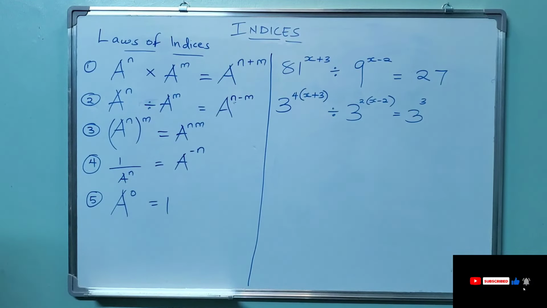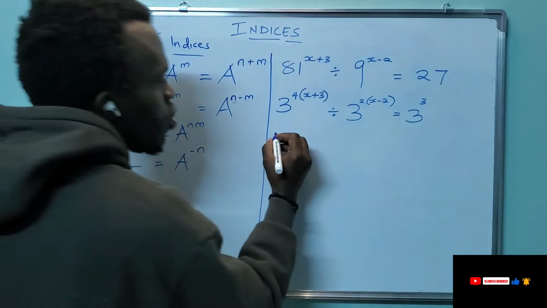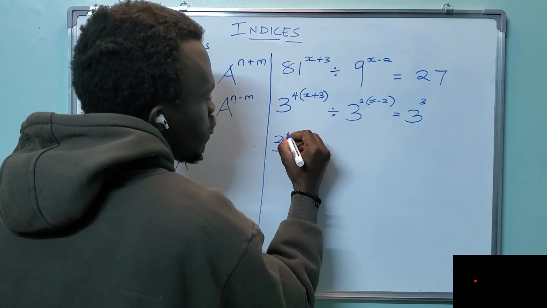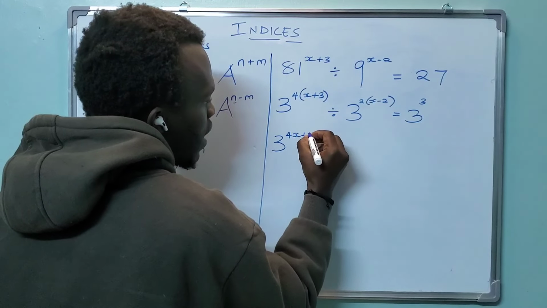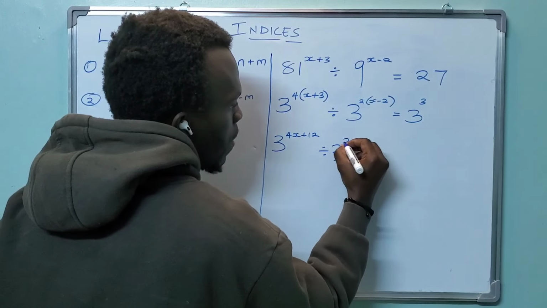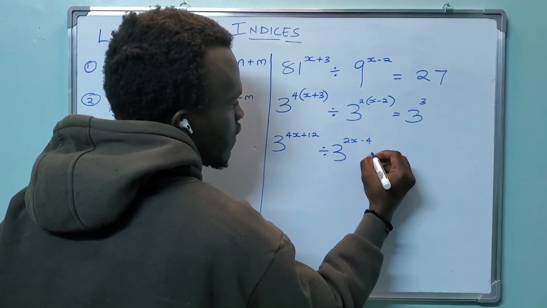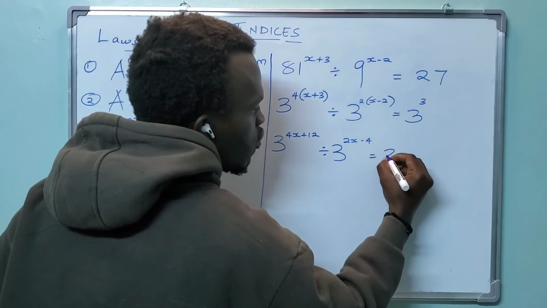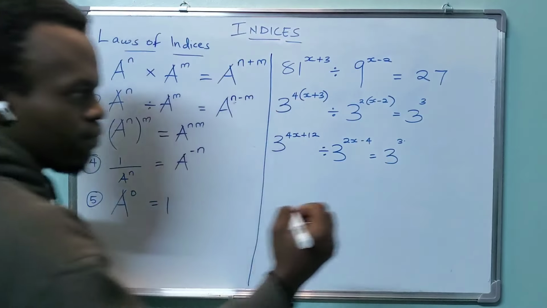Let me open up the bracket containing the unknown, which means I'm going to have here 3 raised to power 4x plus 12 divided by 3 raised to power 2x minus 4 being equals to 3 raised to power 3.